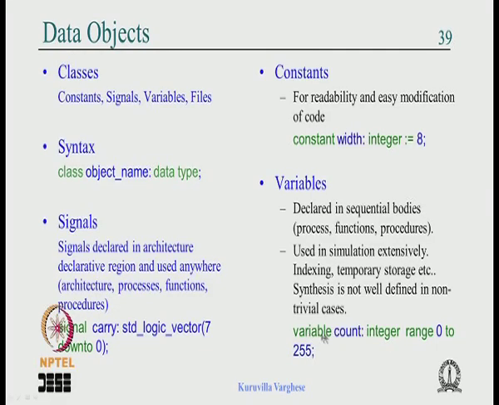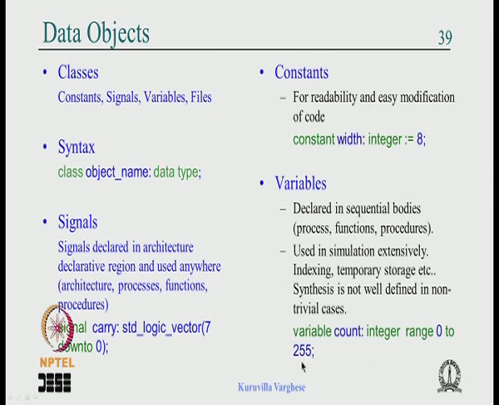So the syntax of the variable declaration is: variable, that's a keyword, count, and integer, which is an internally defined type. Because integer can take a lot of values, we say range 0 to 255, because our aim is to synthesize a circuit out of this, and since the circuit should have a bus of fixed width, we have to say what the range is.